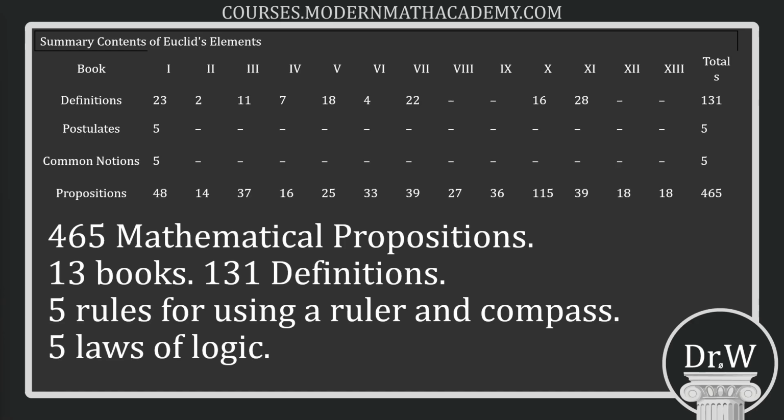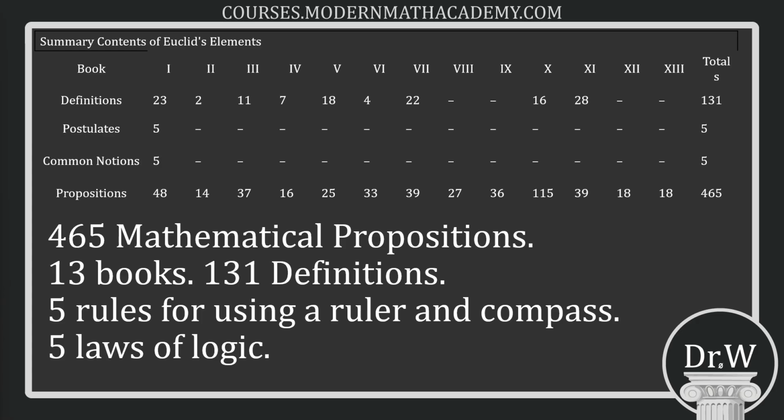So Euclid's Elements is unbelievably large. It is a 13-book volume. Most people will find volumes with just the first 6 books, but Euclid has a total of 13 books that he has on various topics. This is all the known math at the time in 300 BC.